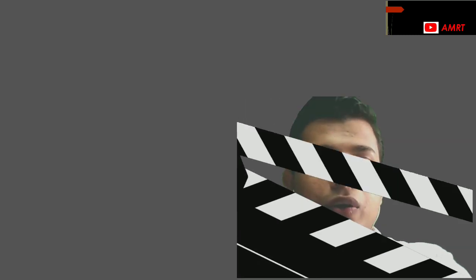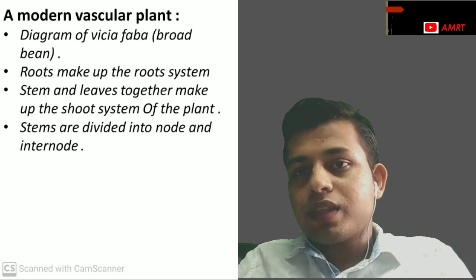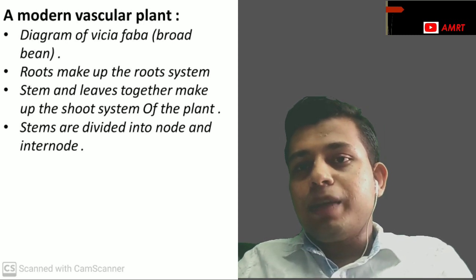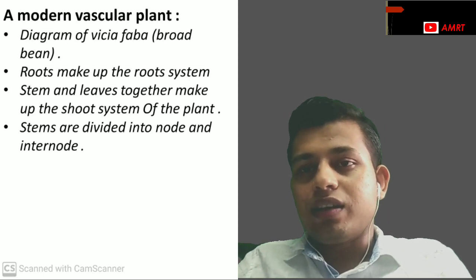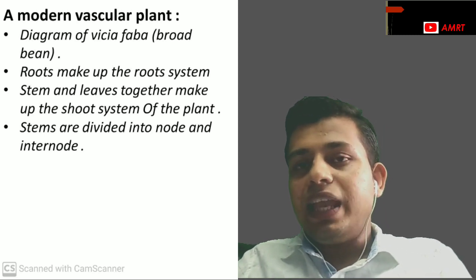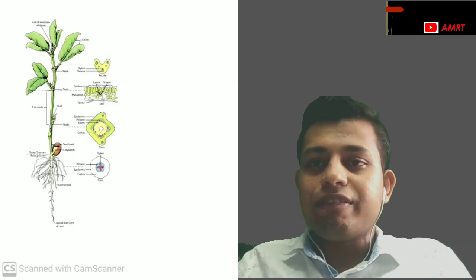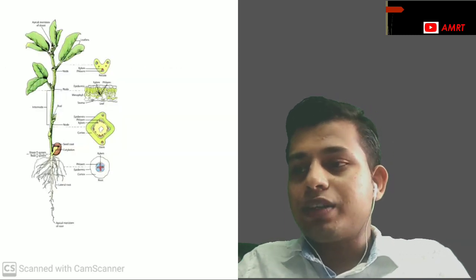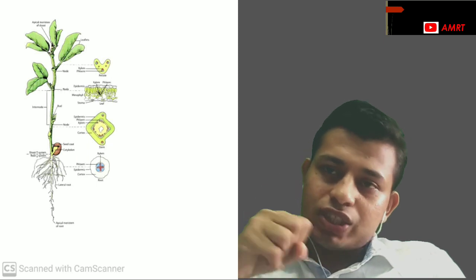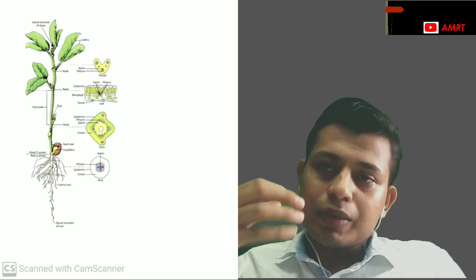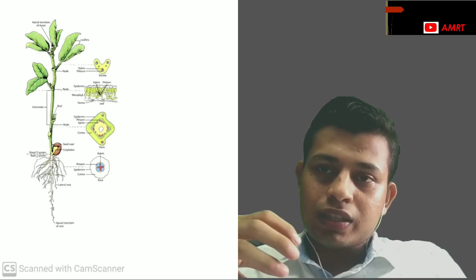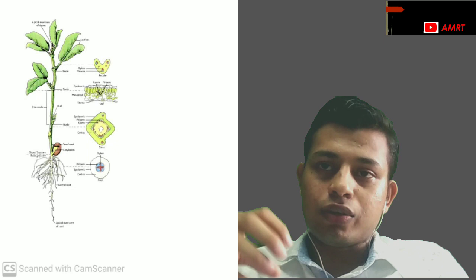Then next we are discussing a modern vascular plant. Dear students, have a look at the screen. It is a diagram of a faba plant, or broad bean plant. You can see the root system, with different types of roots: primary root, secondary root, tertiary root, and lateral roots.